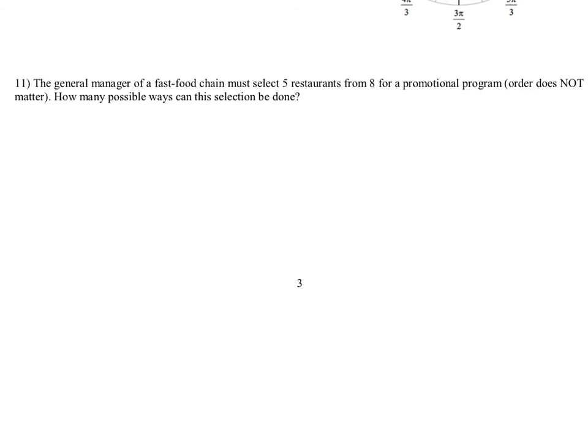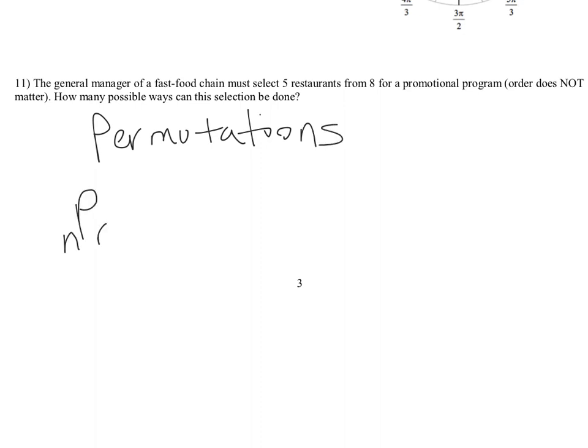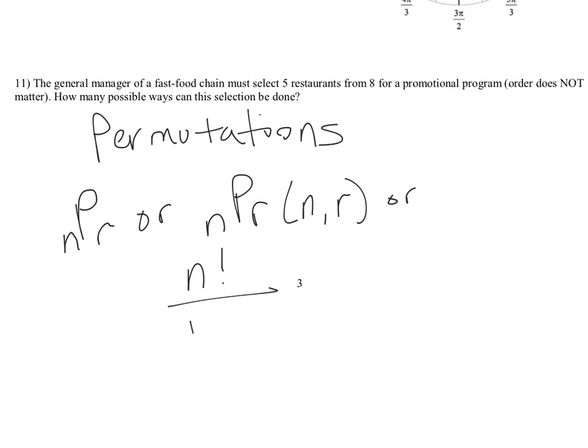Well, since we know that order does not matter, that means we have a permutation. So for permutations, we're going to use the formula nPr, or in your calculator, it would be nPr, n comma r, or you might want to use the formula that's in the book, which is n factorial over n minus r factorial to find your solution.